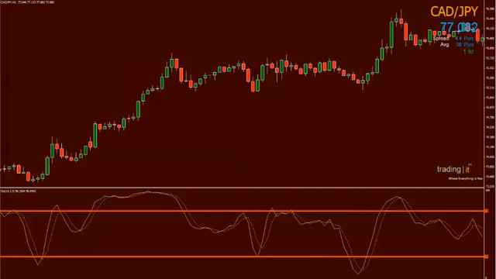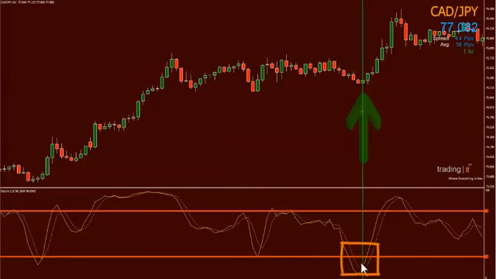Firstly, we need to pay attention to the oversold area here, at this point here. Once the stochastic enters this zone, this will govern the entry point to enter a buy order once the two lines have crossed upwards. The K period has crossed the D period line at this point.